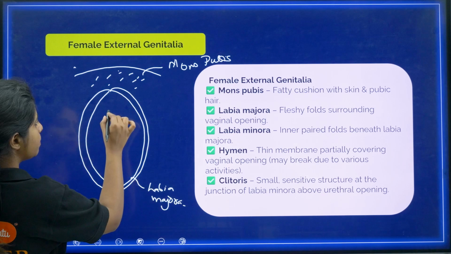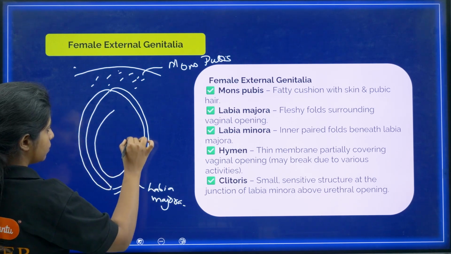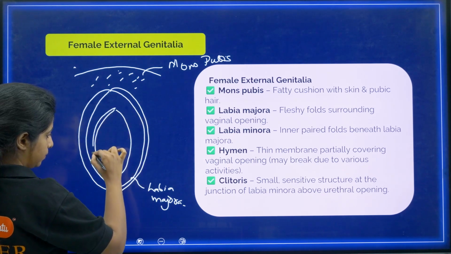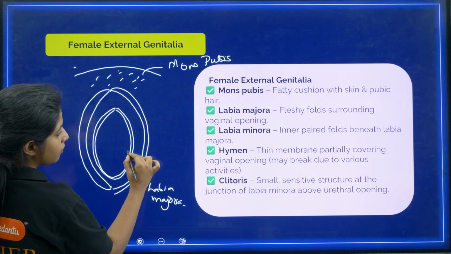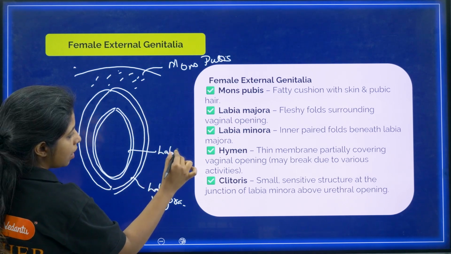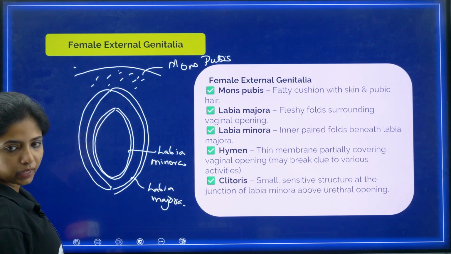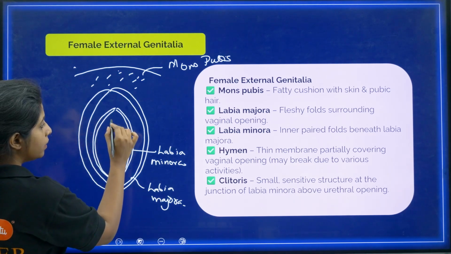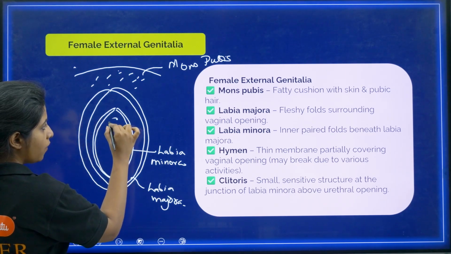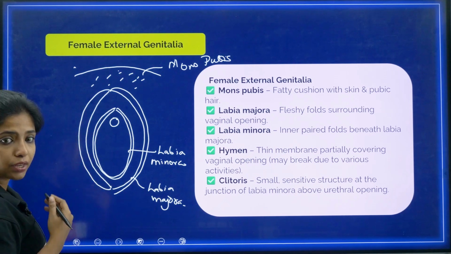Now, inside the labia majora, you have the next thing, which is the labia minora. Now, over here, you would have your urethral opening.